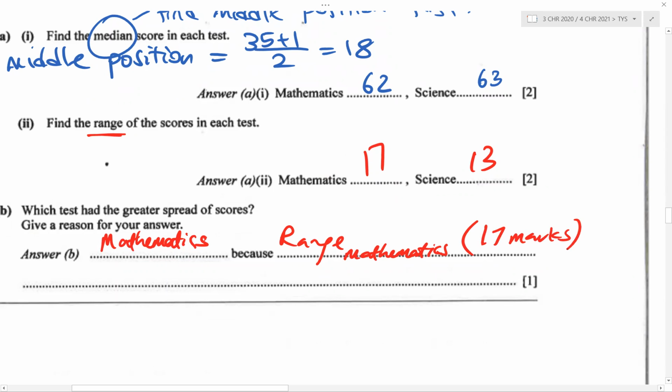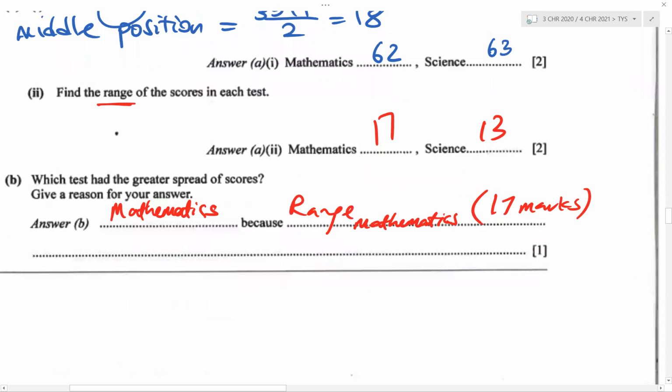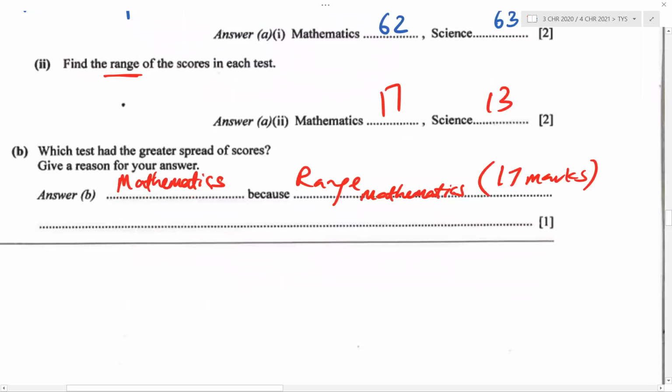You show me that you know. This is the range of mathematics. It is 17 marks. It is greater than, and since we are dealing with maths over here, let's throw in a math symbol, greater than, the range for science, which is 13 marks. Finish.